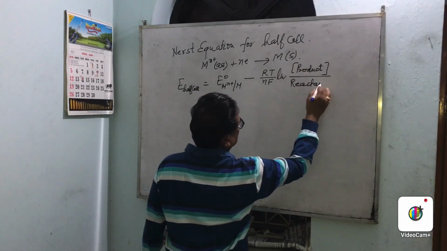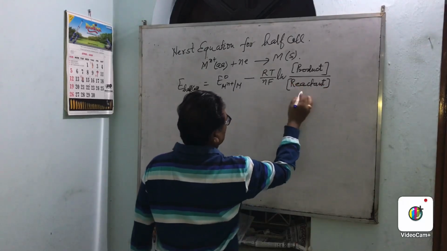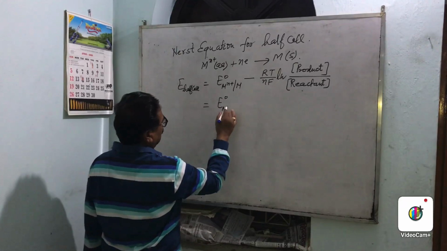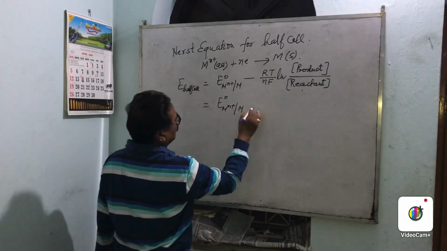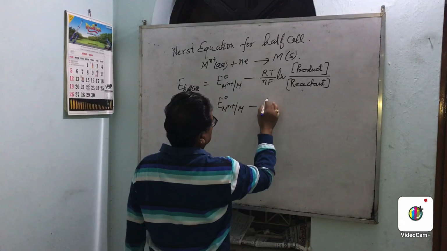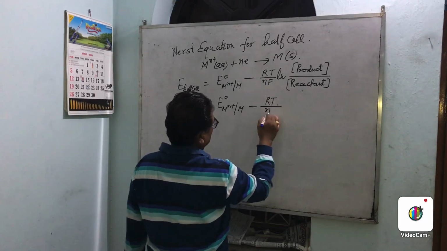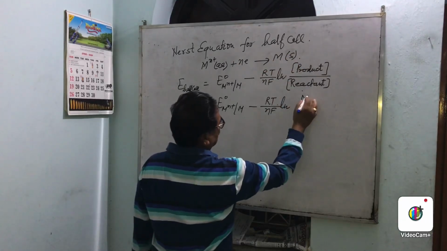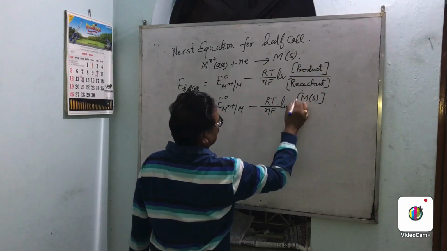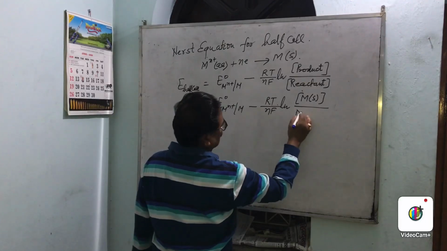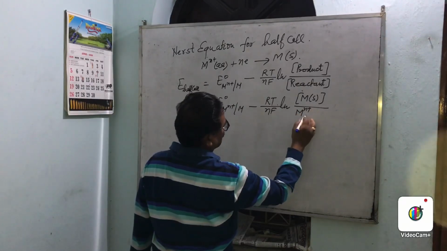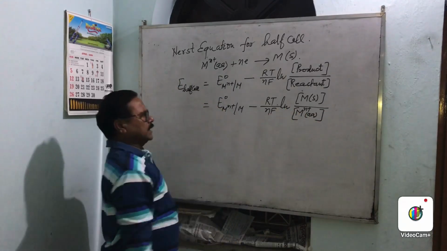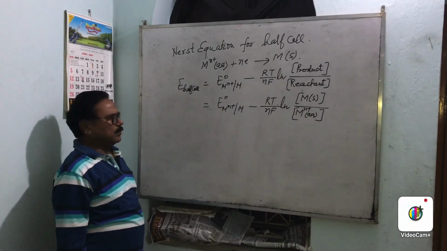So we put E naught, M n plus by M, minus RT by nF log of what is in the product side, that is M solid, over what is in the reactant side, this is M n plus aqueous. This step is very important to represent and specify.